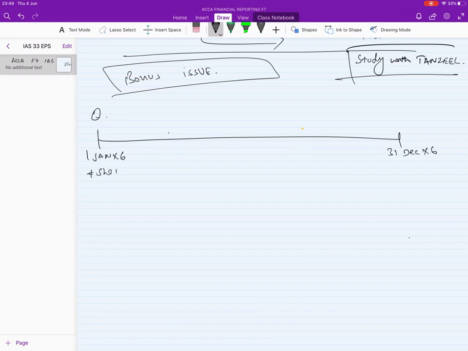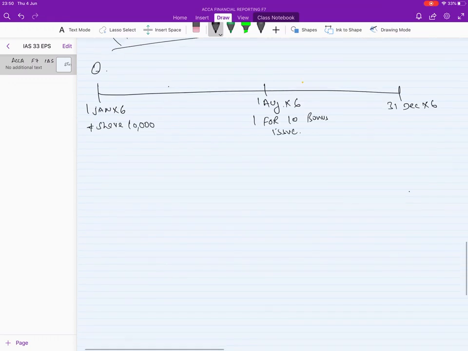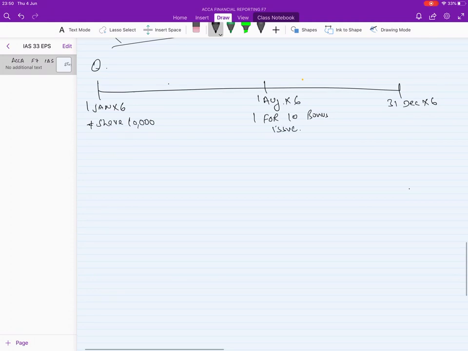Number of shares, suppose it has 10,000 number of shares, and suppose on 1st August X6 the company issued 1 for 10 bonus issue. So I have already told you we need to take effect from the very first day.